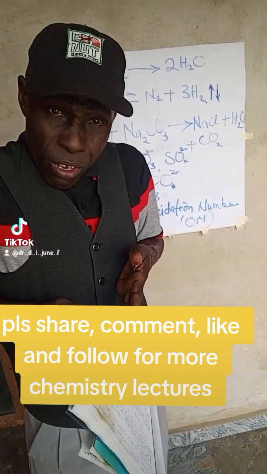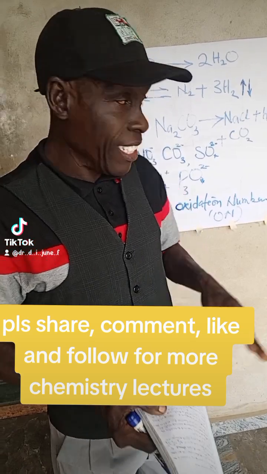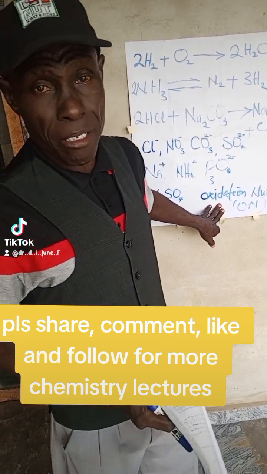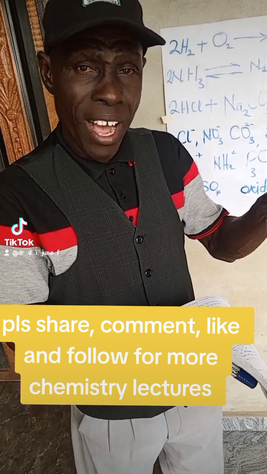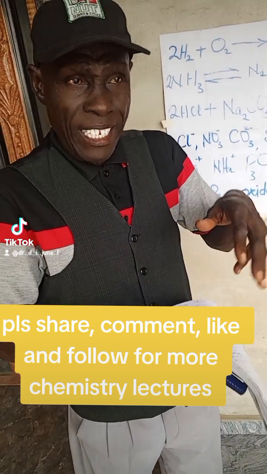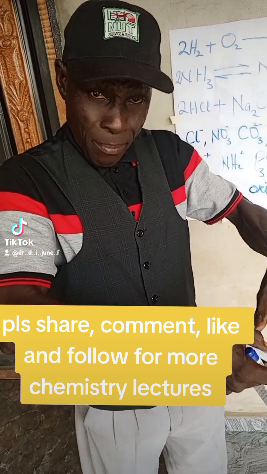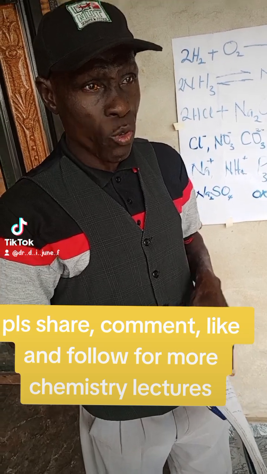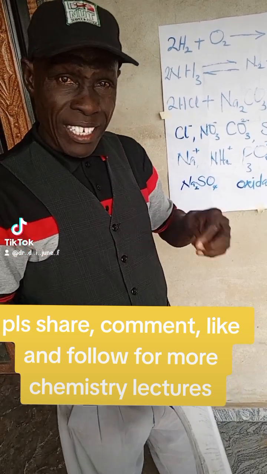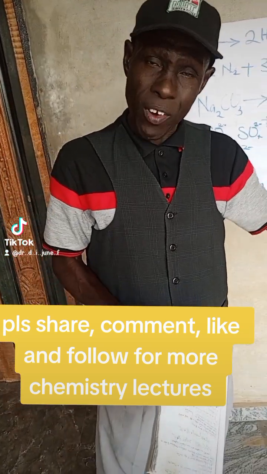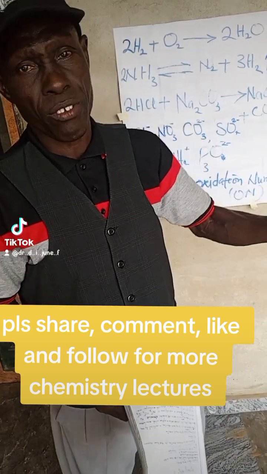Now, in my local way of defining it for students to understand, it is the combining power of elements. When elements combine, there is a degree or an extent of power that each of the elements exhibits in that particular reaction. So, in a layman's definition, oxidation number means the combining power of an element in a given reaction.